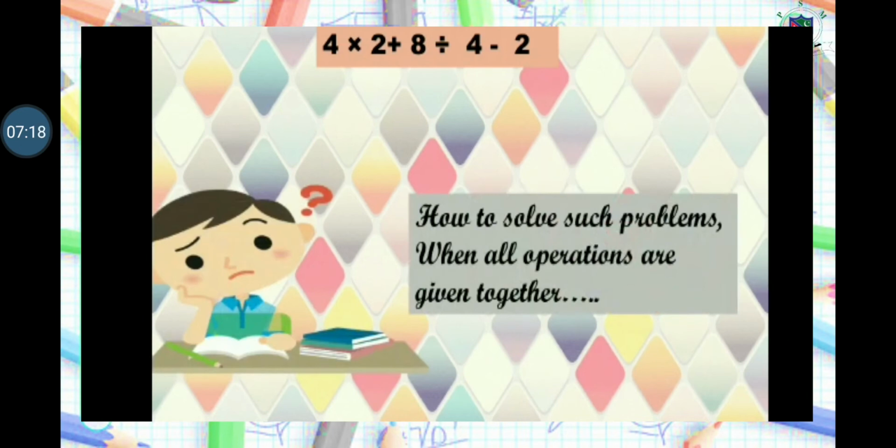Let's solve few examples for your better understanding. Here you can see some numbers on your screen which are connected by some mathematical symbols. So the very first question that arises in our mind is that how to solve such problems when all operations are given together.